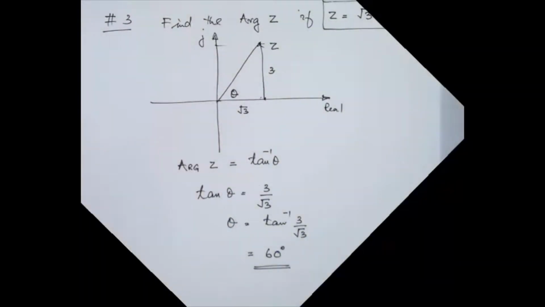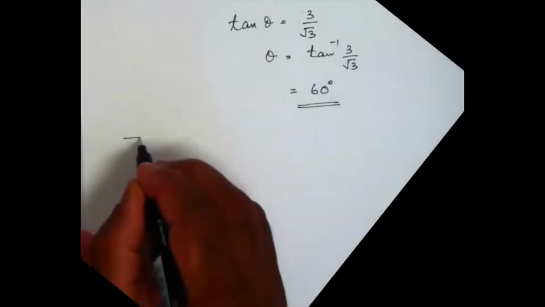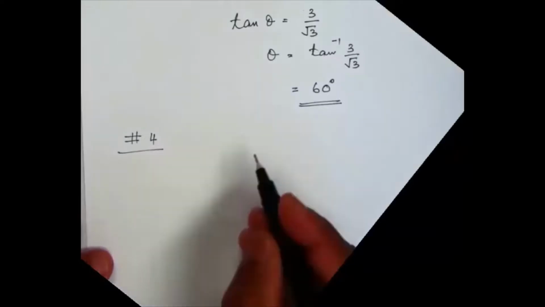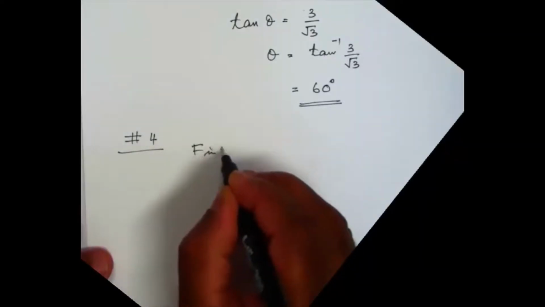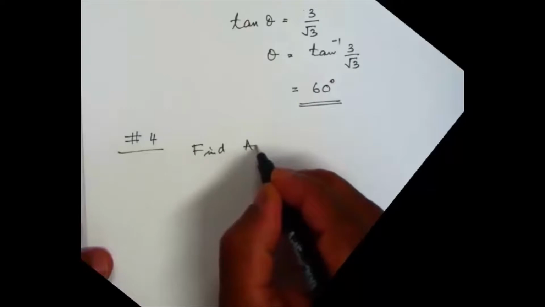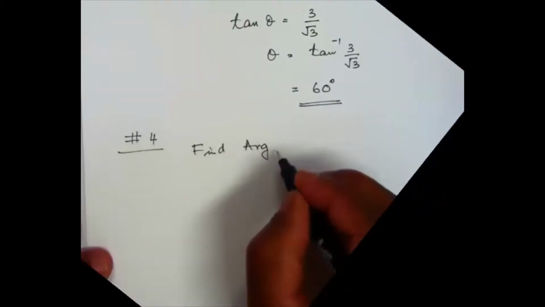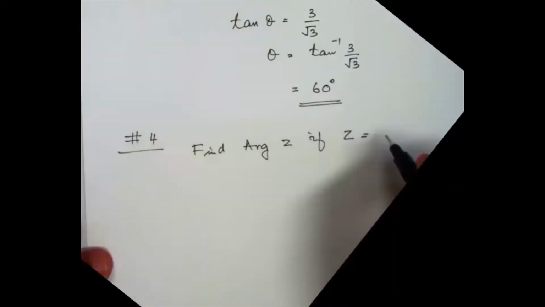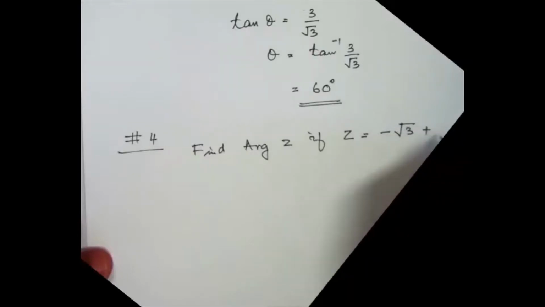So let's move on to the next example. Example number 4. Find the argument of z if z is equal to negative root 3 plus j3.